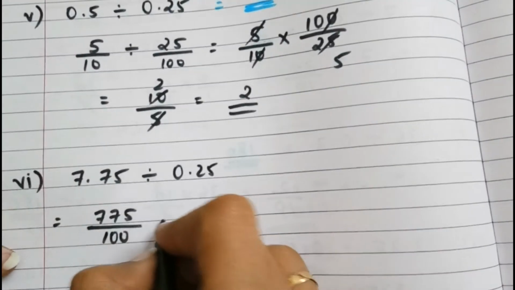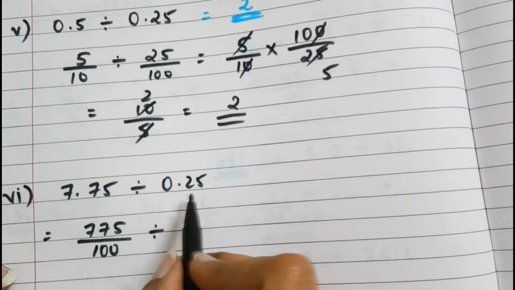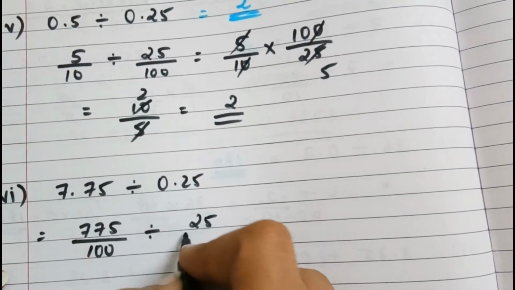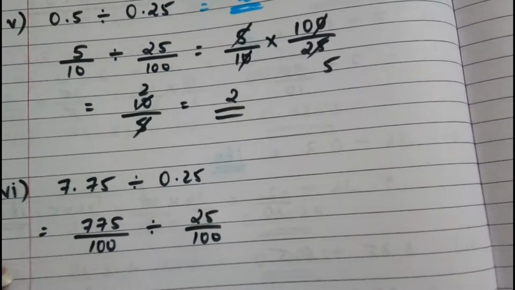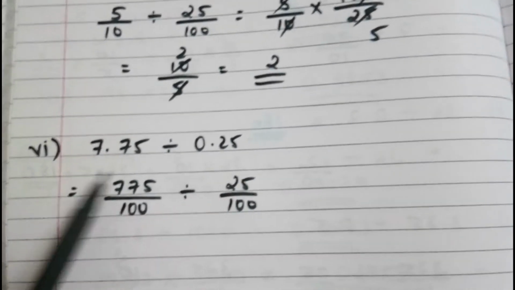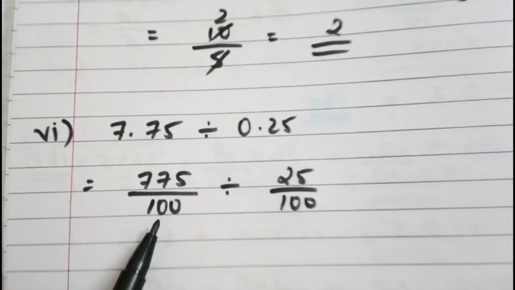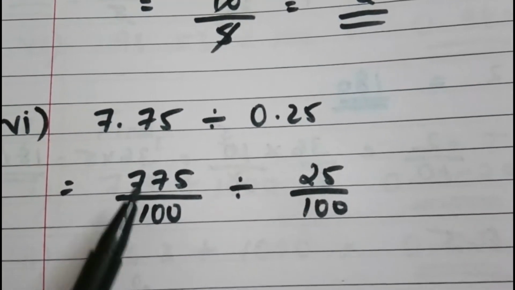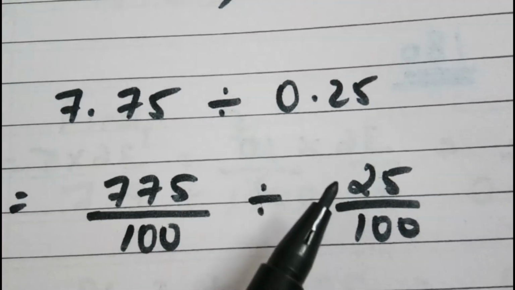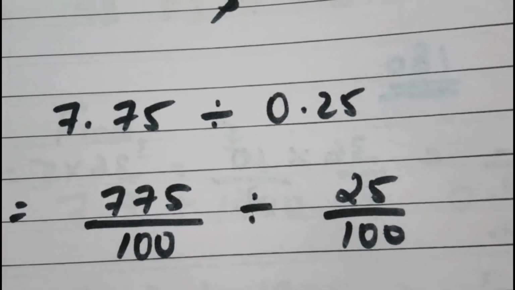Okay, divided by, again, 2 numbers after the decimal point, so this will be 25 by 100. You understood why we are then not counting the point? Because we are writing it in such a way that how will it come? Okay, so this is 775 by 100 divided by 25 by 100.